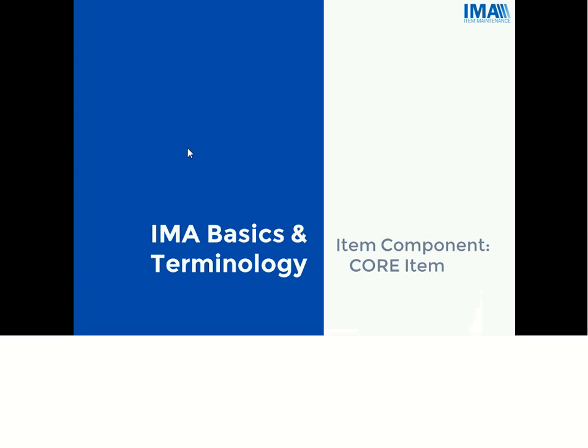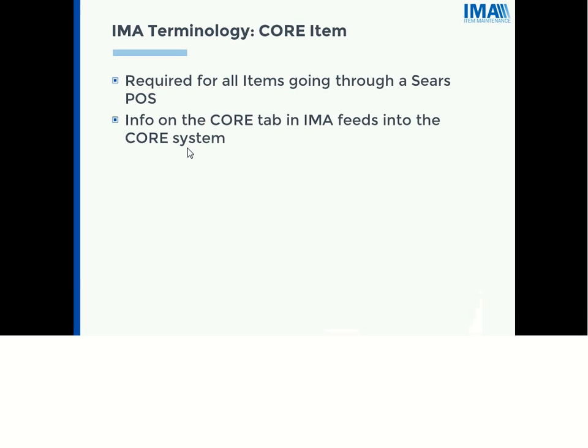Okay, we're going to move on to core item then. The core item is really important for those of you that work on the Sears side. It's required for all items going through a Sears point of sale. If it's going to be sold in a Sears store, then it has to have a core item number on it.